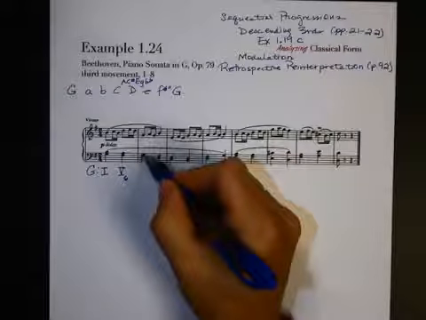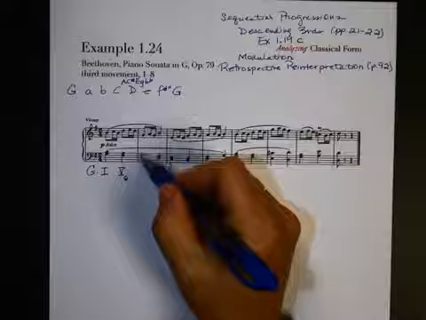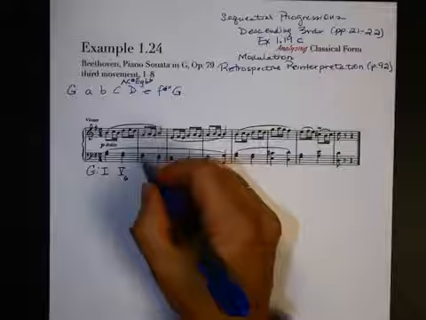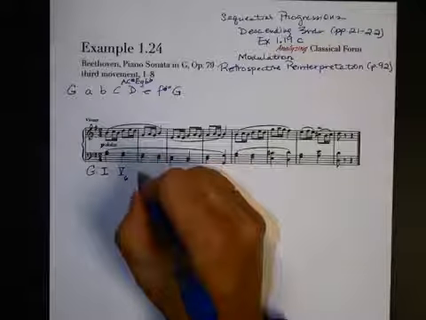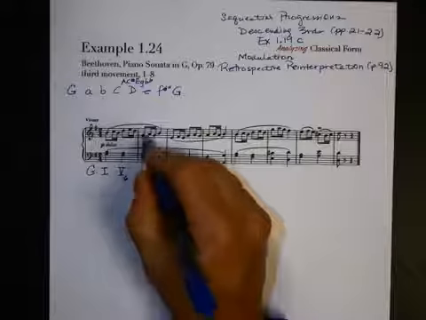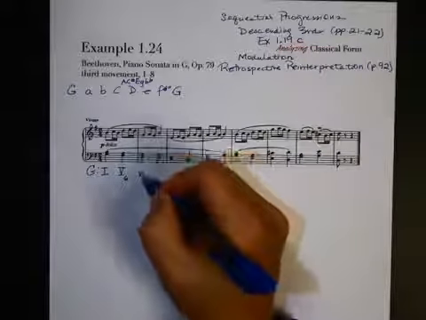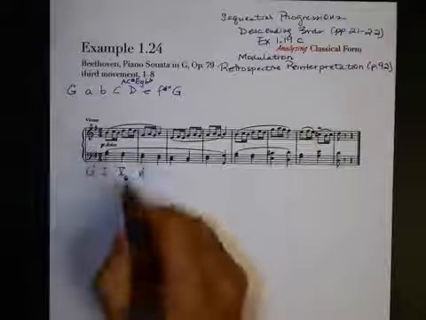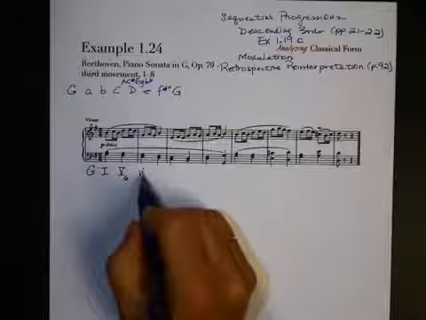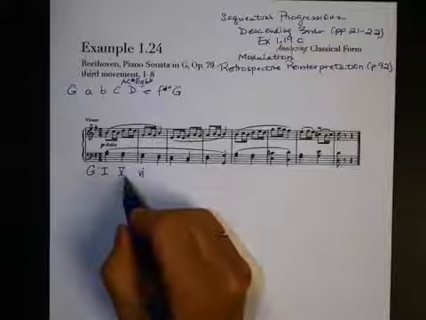E, G, G, that's just a root and a third. Probably a 6, it could be a 4 in first inversion, missing its C as a root. More than likely it's the 6 because 6 can follow 5, 4 doesn't usually follow 5.